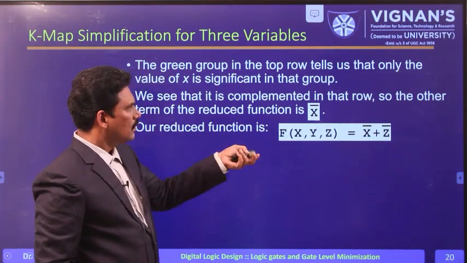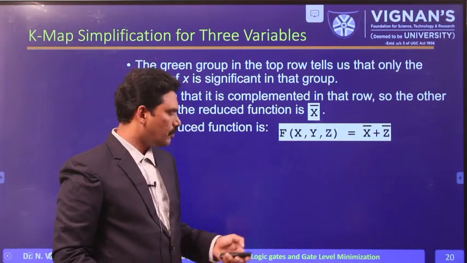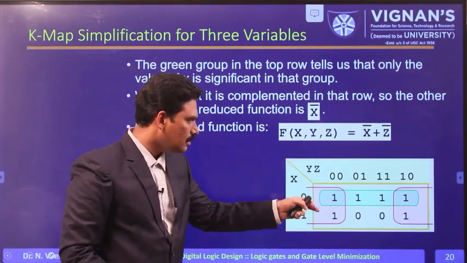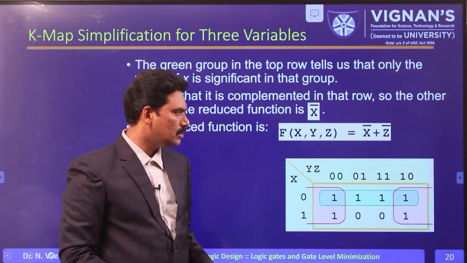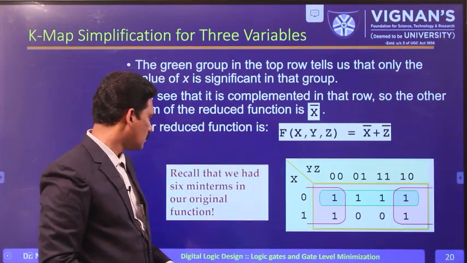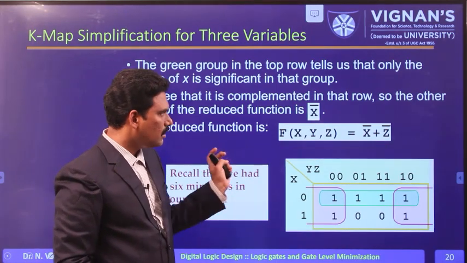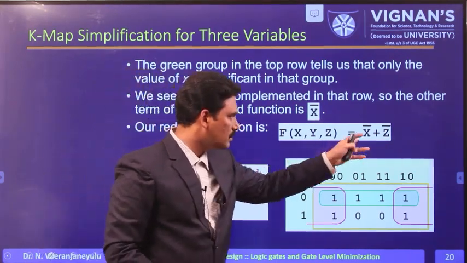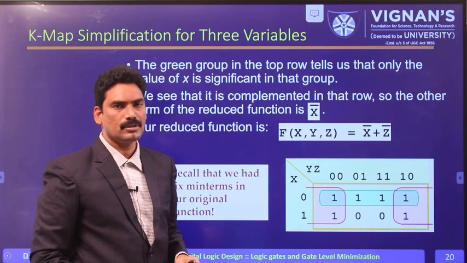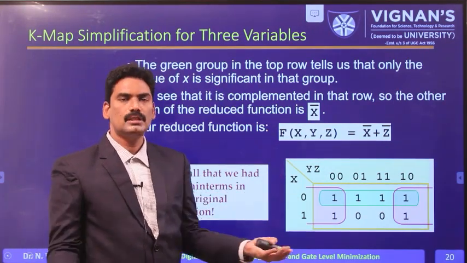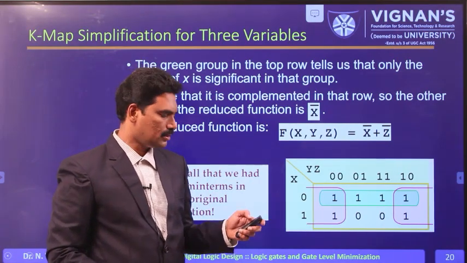The other terms reduced to X bar, similarly this is X bar, and this is Z bar, and this is the answer. There were 6 minterms in our original function, and how many minterms are there in X bar Z bar? Only 2 minterms. So our 6 terms are reduced to 2 terms. This is the simplification of Boolean functions.